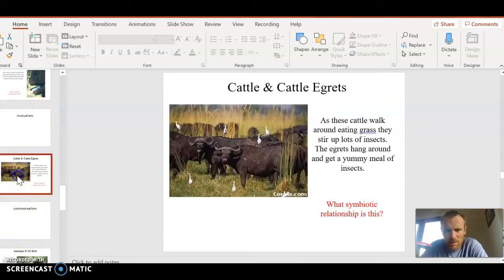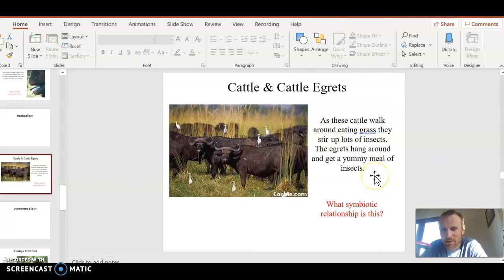Now here's one that might relate to our study in the Serengeti. So we have cattle and cattle egrets, and these actually, are they buffalo or are they cattle? I'm still working on my Serengeti wildlife ID. But basically, as the cattle walk around eating grass, they stir up lots of insects.